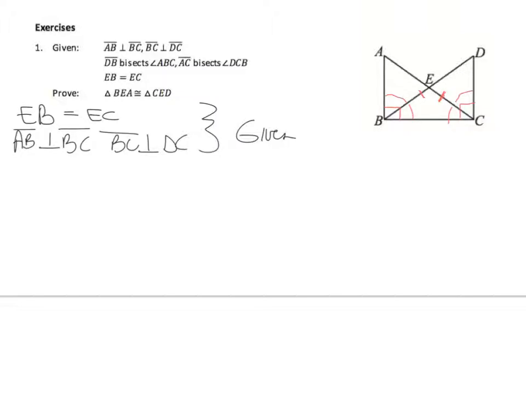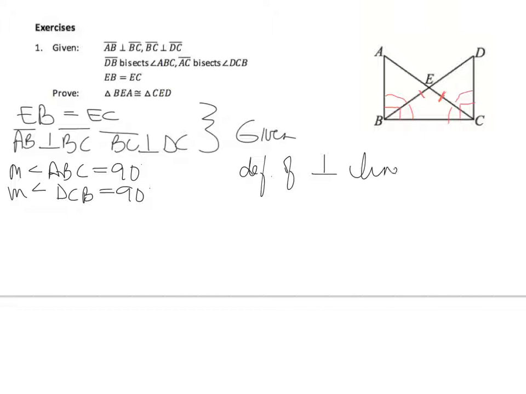When we know two things are perpendicular, we can say that the measure of the angles is 90 degrees, and we can do that for two of them, ABC and DCB. Our reasoning there is the definition of perpendicular lines.